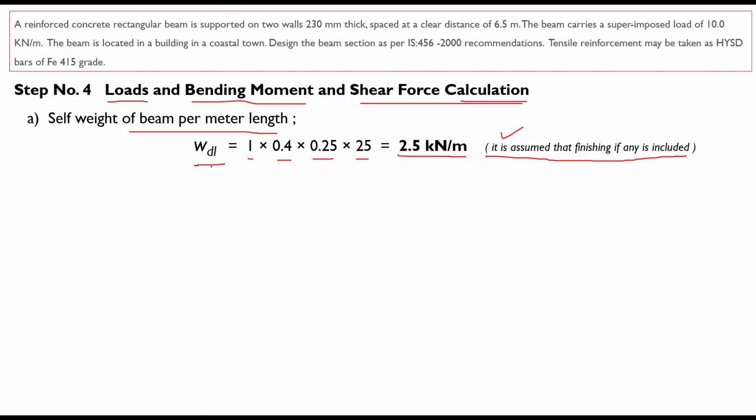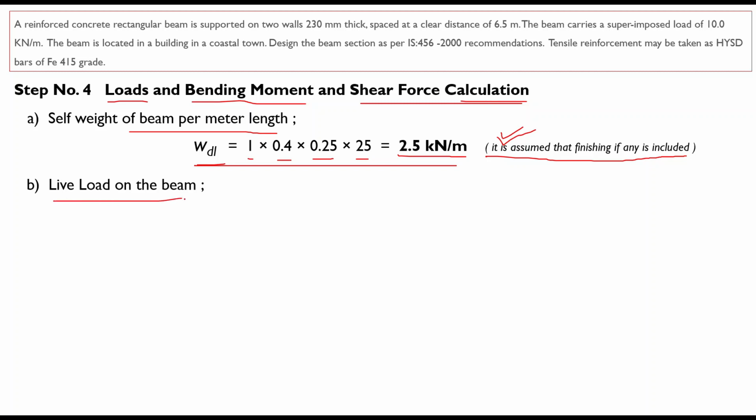So total dead load we can say per meter length is 2.5 kilonewton per meter. So you can just take into account, if you find any calculation error, that you can rectify later on yourself.